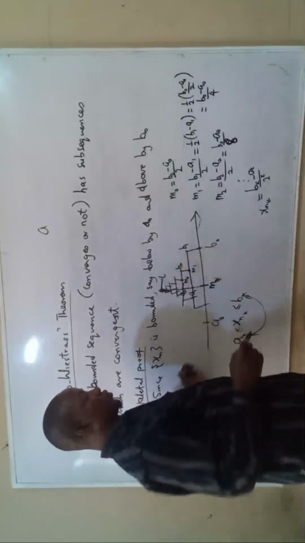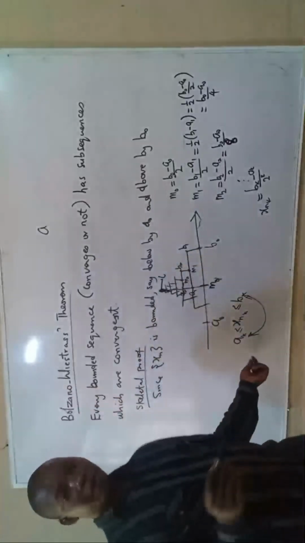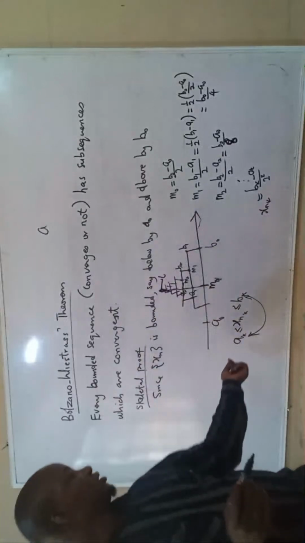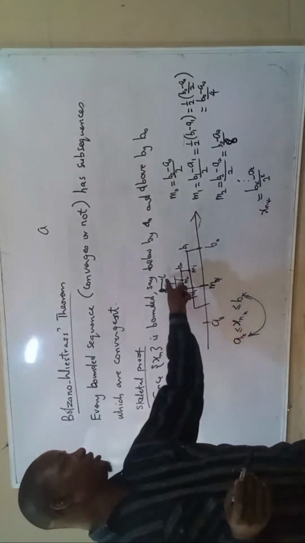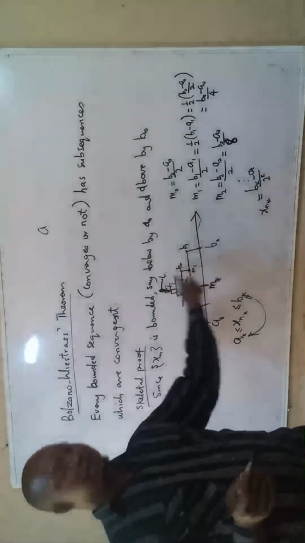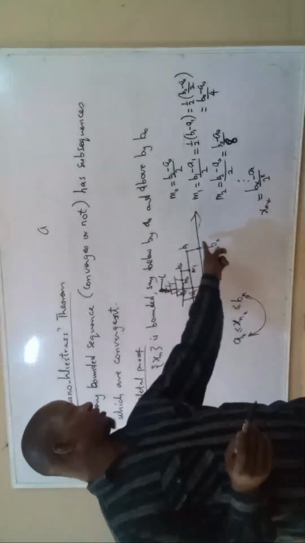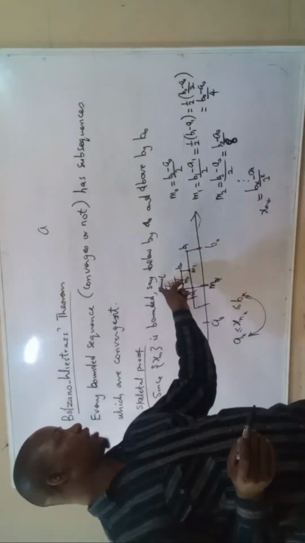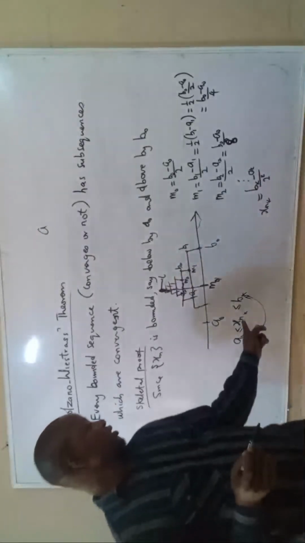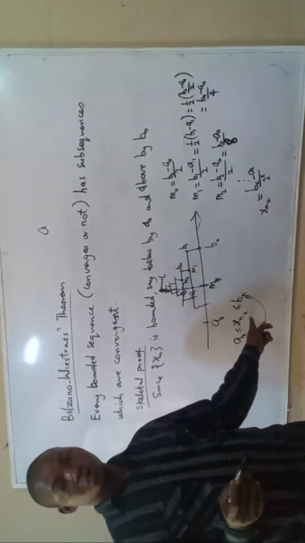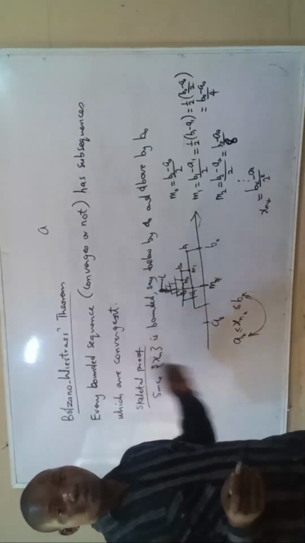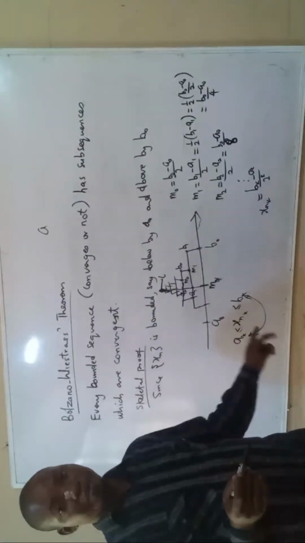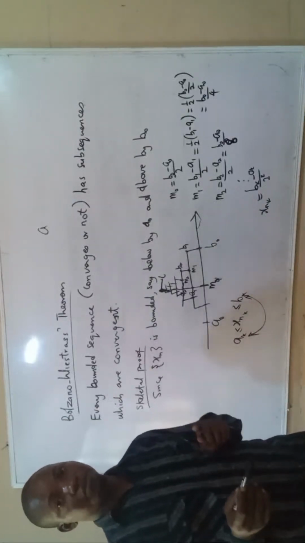So if ak meets at L, and bk as it is coming also meets at L, then x_nk also goes to L. That is what the Bolzano-Weierstrass theorem says, and we are bringing out the notion from the sandwich theorem.